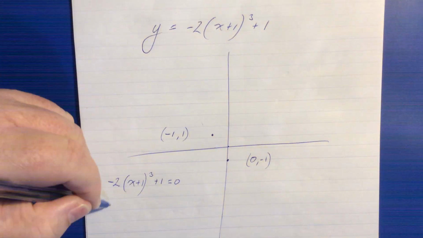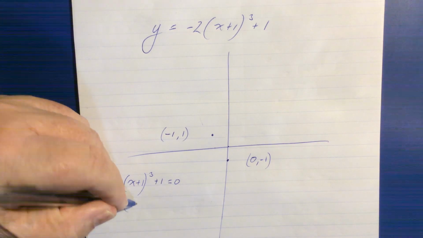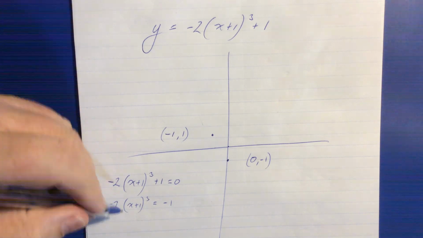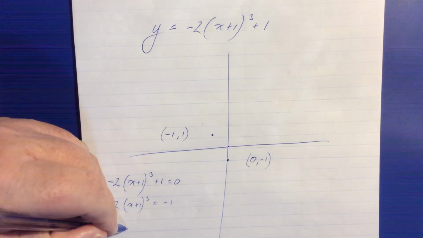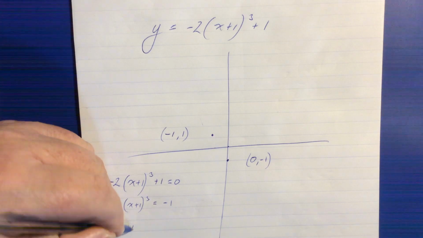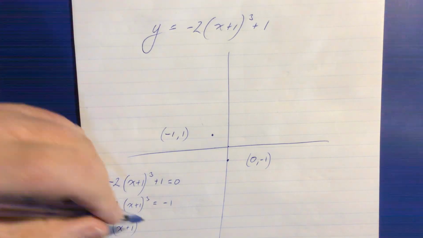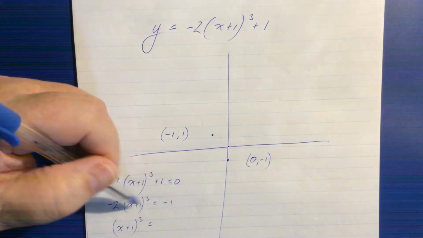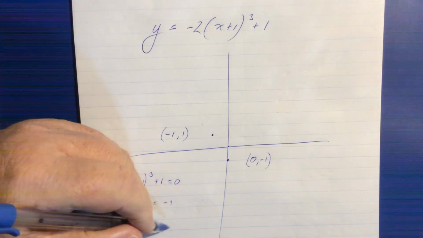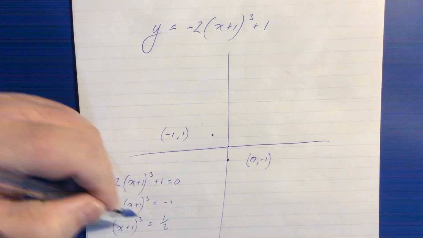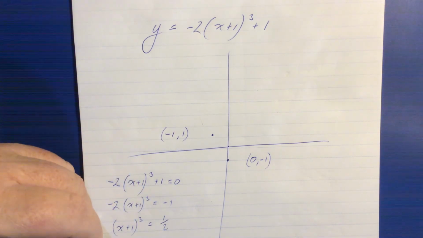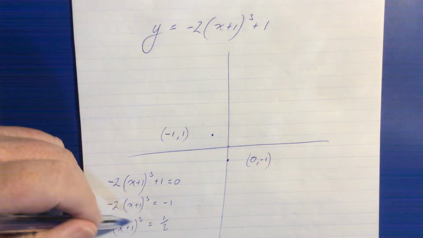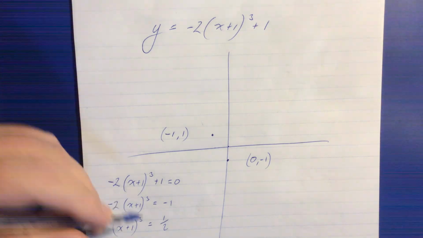Okay, negative 2 times (x plus 1) cubed equals negative 1. (x plus 1) cubed equals negative 1 divided by negative 2, which is a half. What we're going to do now to get rid of this is we're going to take the third root of each side.